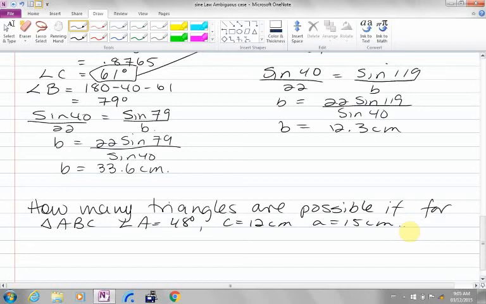Now, when you're sketching these, I recommend that you sketch them the same way every time. I sketch them one way. If I try and sketch them a different way, I mess it up. I just get so confused. So I always put my known angle in the corner. I always put my one known side here, and the known side that might flip both ways always goes opposite there.